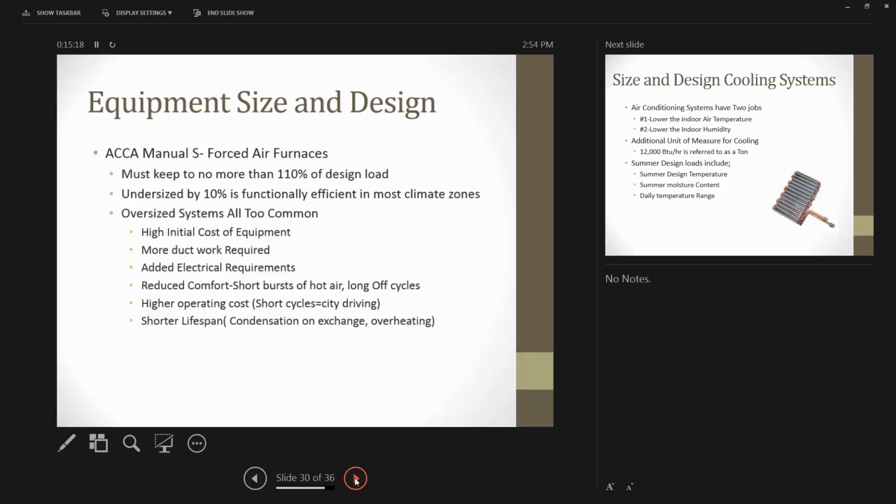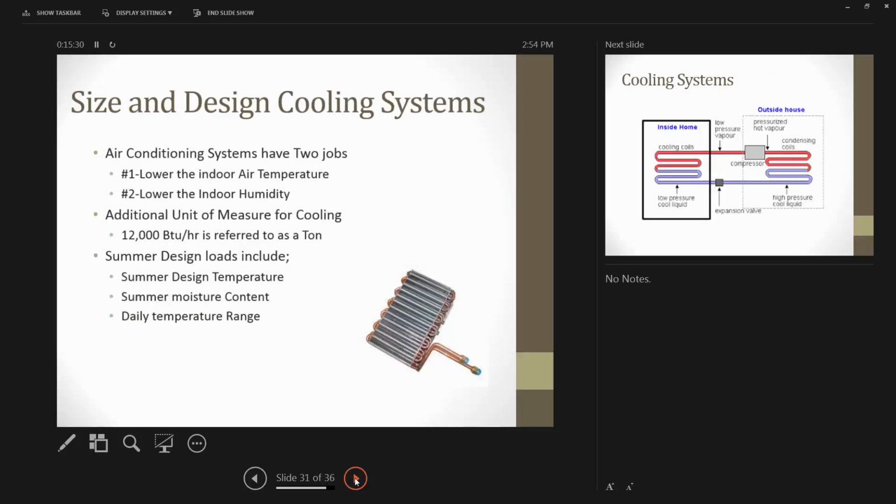So more and more we're seeing good, responsible heating contractors designing at design load or about 10% less than design load. And it's harder on the equipment, is the last one too. You think about it like a car. A lot of that start-stop driving is far more detrimental to your engine than getting on the highway.